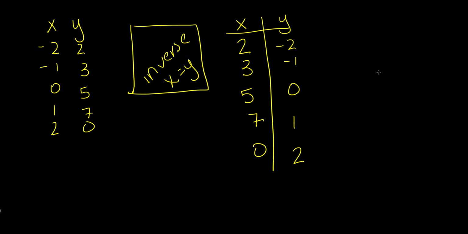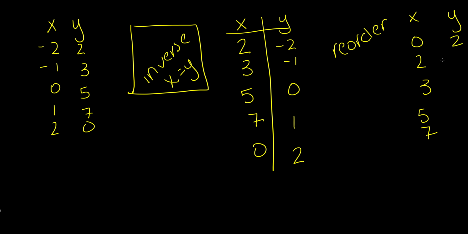Then if I reorder this, you should always reorder. You have x: 0, 2, 3, 5, 7 and y: 2, -1, 0, 1, 2... Looking at this, each one of my points is one-to-one, unlike the last example that was one-to-two.